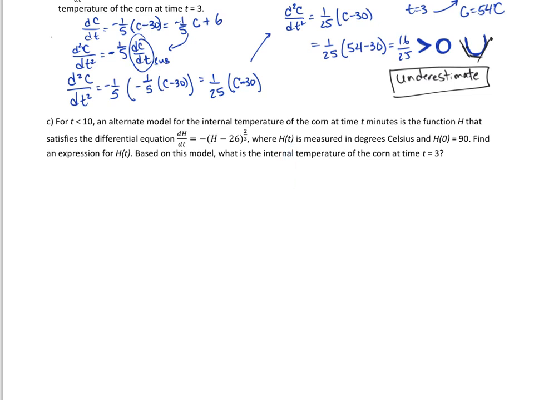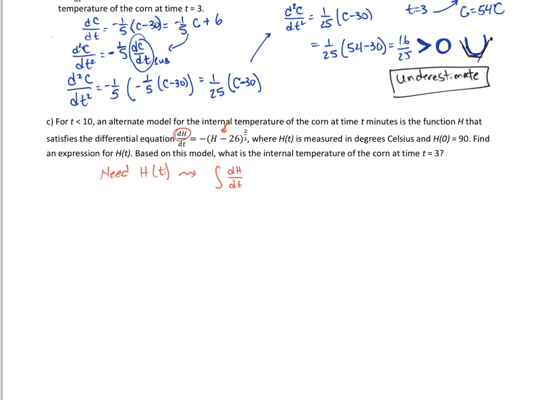So in order for me to do that, I need to find h of t, which would mean I need the integral of this dh dt. Well, I cannot just simply integrate that as is because the h is on this side. I need to have the h with the dh in order to integrate it.